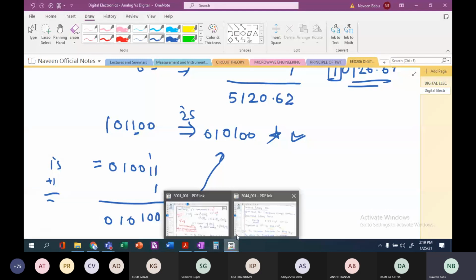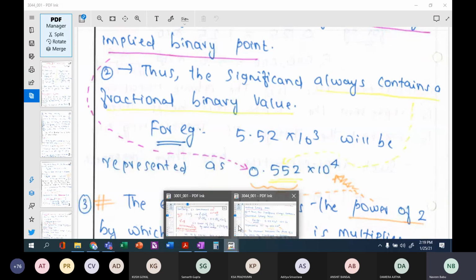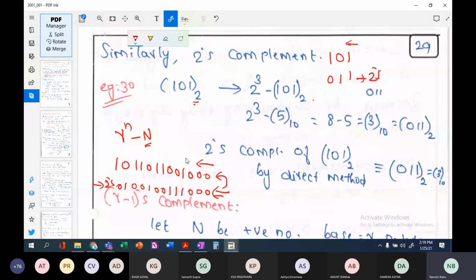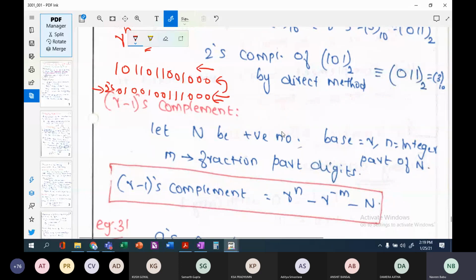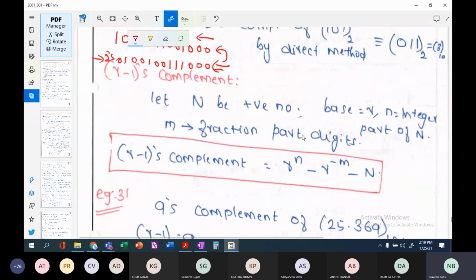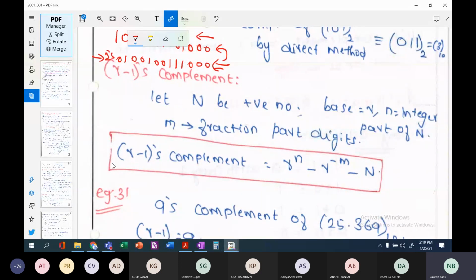Okay. Now let's go back to the method. We have seen the r's complement. Similarly, the r minus 1's complement, general representation. What is the r minus 1's complement? For decimal, the base r is 10, so the r minus 1's complement is the 9's complement, right?